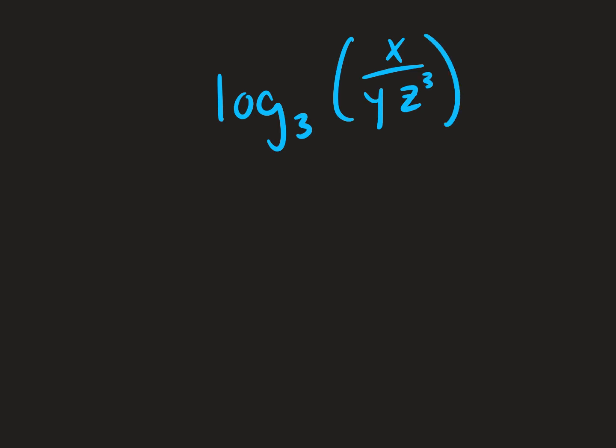So let's say I had log base 3 of x over y times z to the 3rd power. How would I expand this? Log base 3 of x minus log base 3 of y.